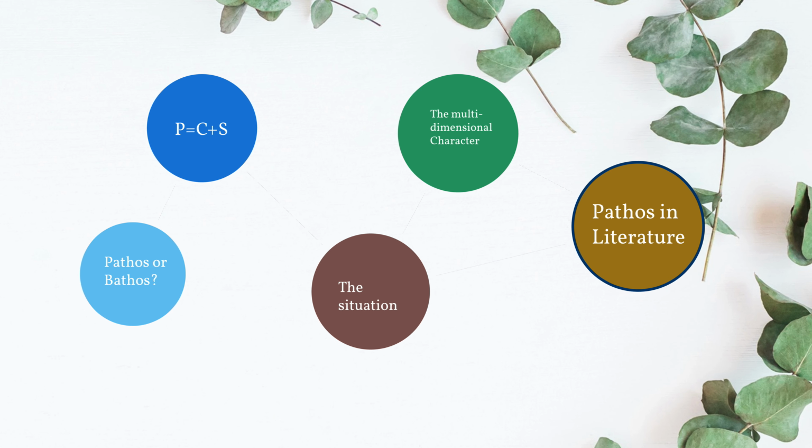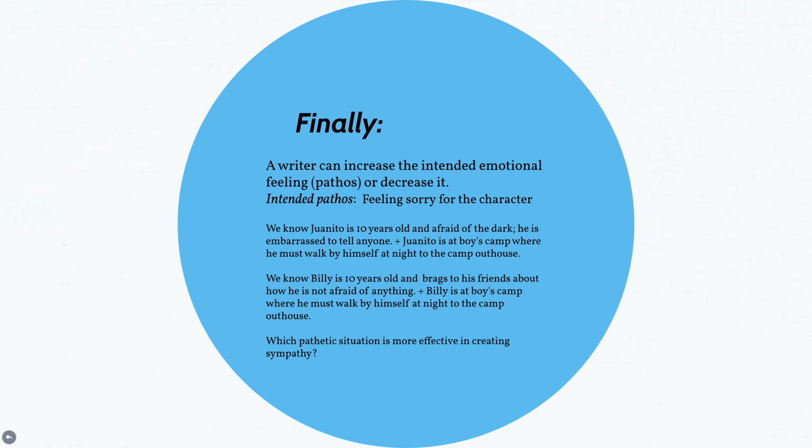This is something that's really also interesting and that we discussed in class, and that is that a writer can increase the pathos, make you feel more sorry or less sorry for a character by manipulating the character and the situation. Here's a scenario where we have Juanito, who is 10 years old and afraid of the dark.